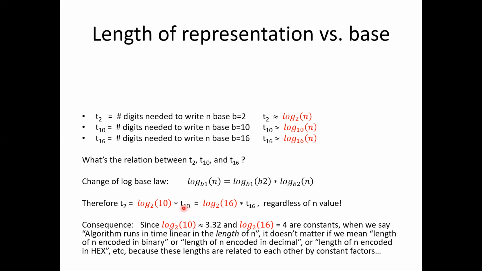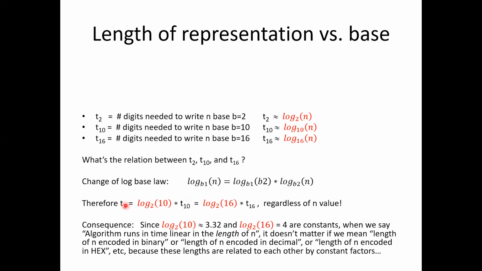So now how many bits do you need to represent that number? Well, you take the number of digits it has in decimal, and you multiply by the log 2 of 10, which is about 3 point something.